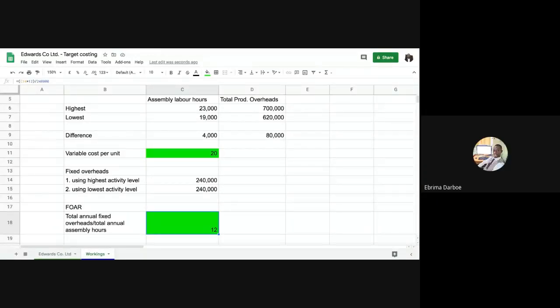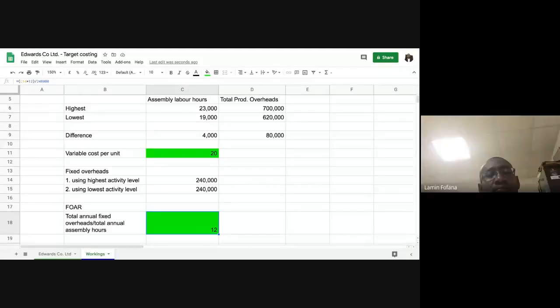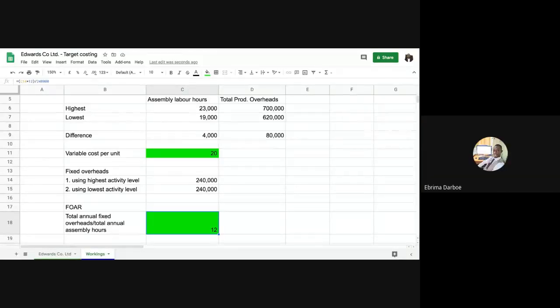Yes, Mr. Fofana. My question is, the absorption overheads for this annually is 240,000. The fixed overhead we are having is monthly. So is it possible to have monthly absorption overhead?